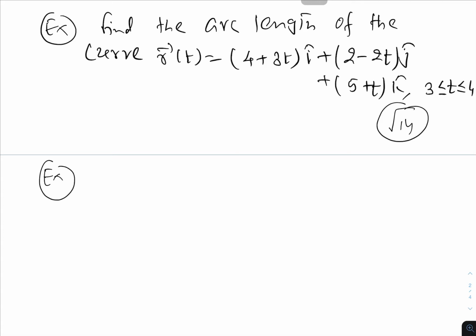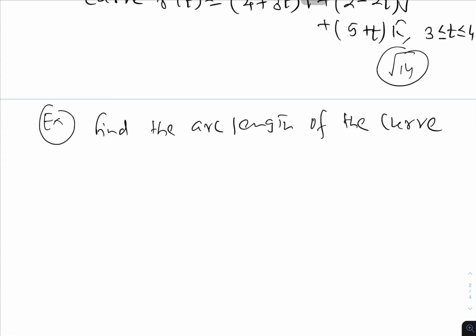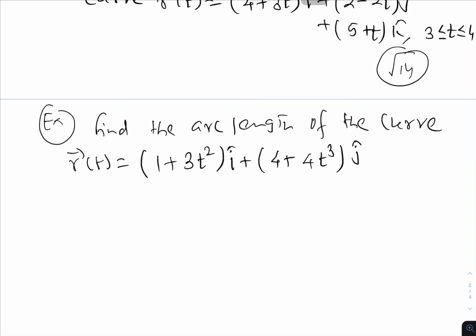Let us have one example. Find the arc length of the curve, say r equal to (1 plus 3t squared) i plus (4 plus 4t cubed) j between t equal to 0 to t equal to 1.